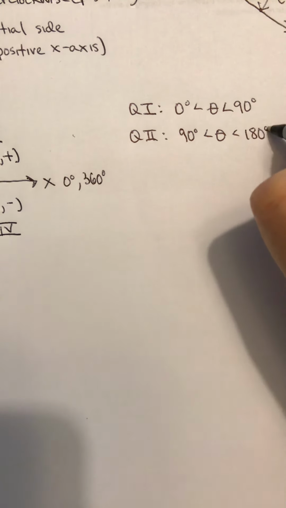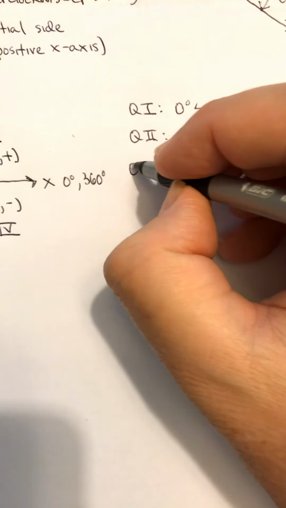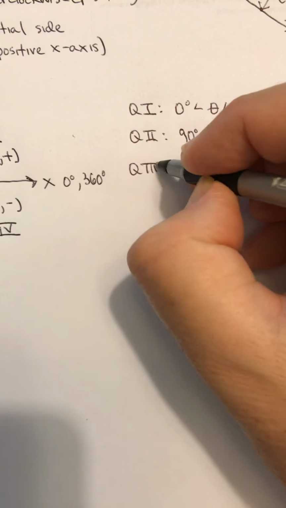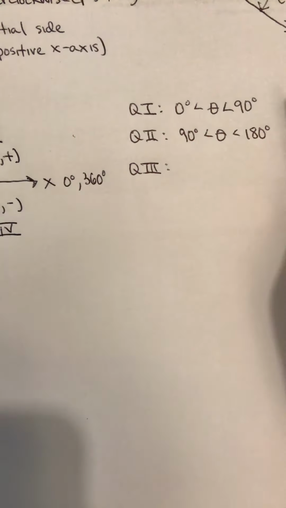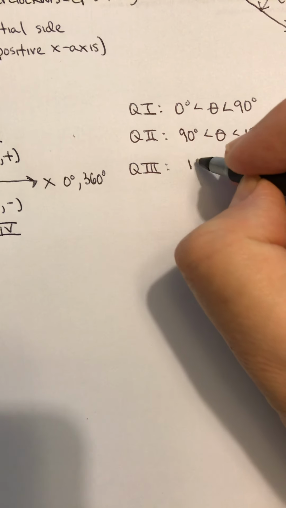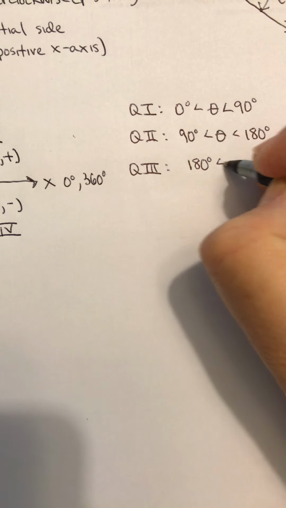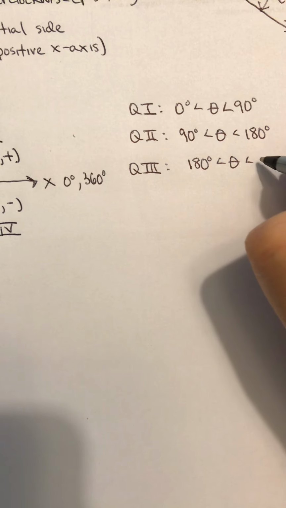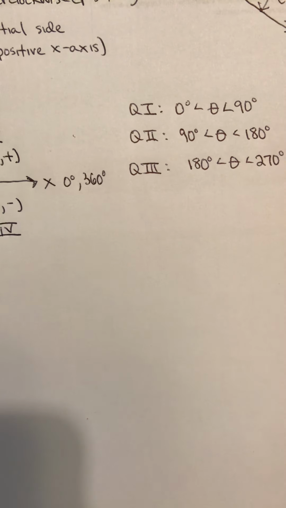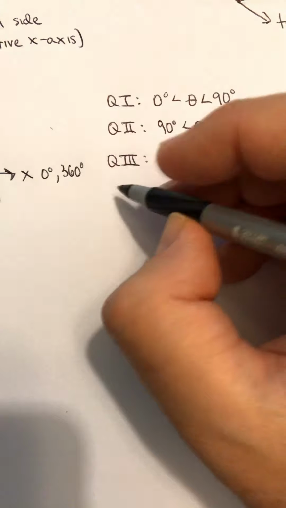Again, they do not include those two angles. There's another term for that in a second, or a special name for those that aren't in a quadrant. Quadrant 3, any angle between 180 and 270 degrees. Again, these are all multiples of 90 degrees.